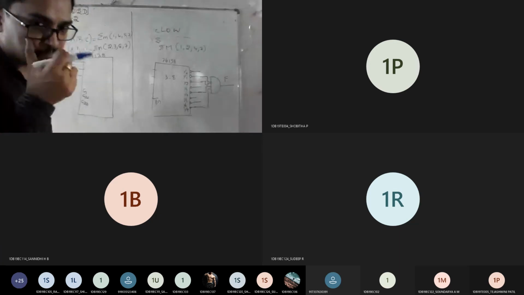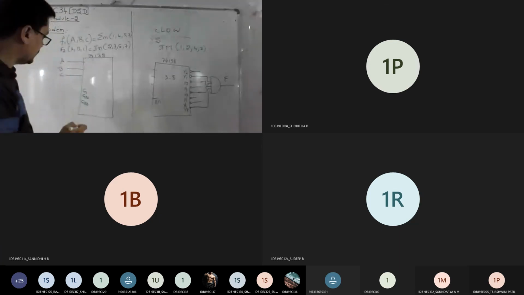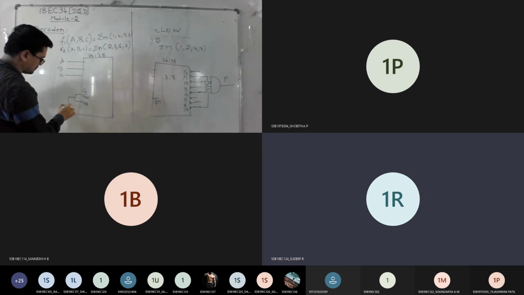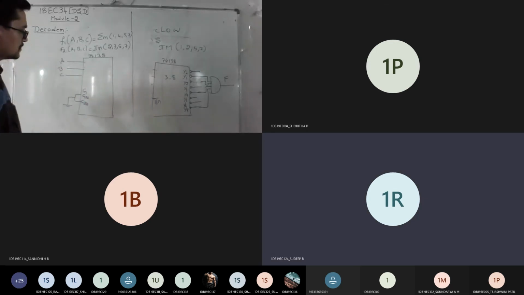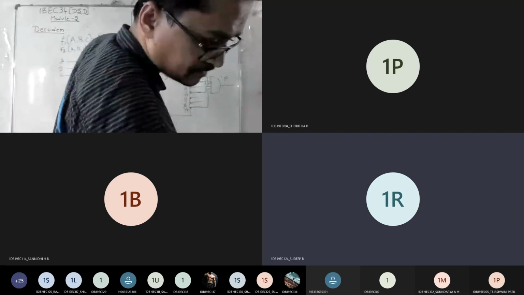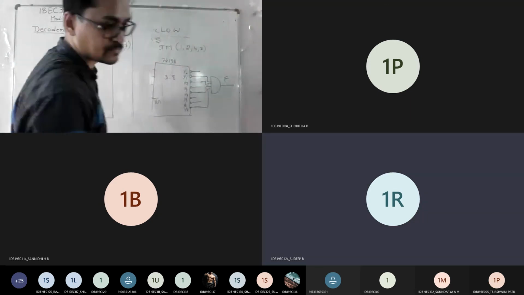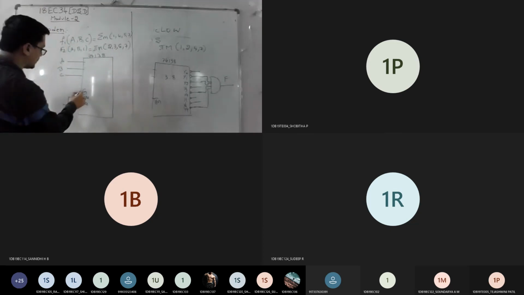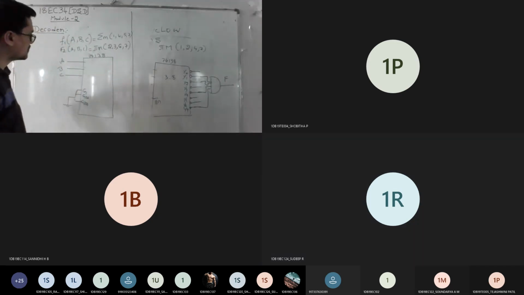What you should do now is connect these to ground. Is it fine, everyone? You can connect all these three to ground.